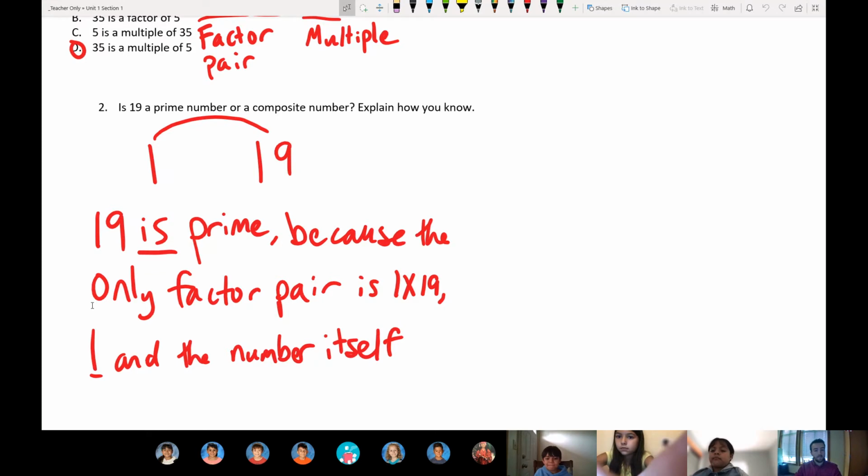Right? So 19 is prime because the only factor pair is 1 times 19, or in other words, 1 and the number itself. So I'll put in parentheses 19 for this problem. Right, that was our definition that we had.